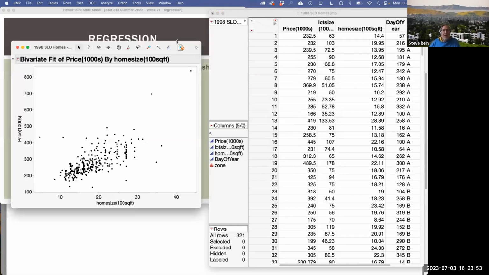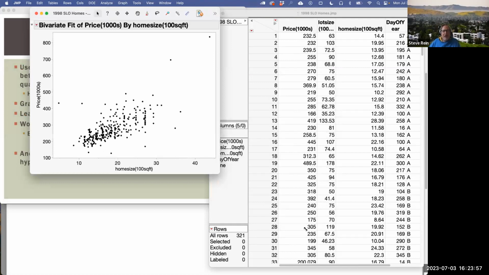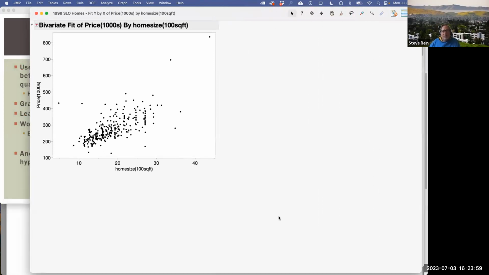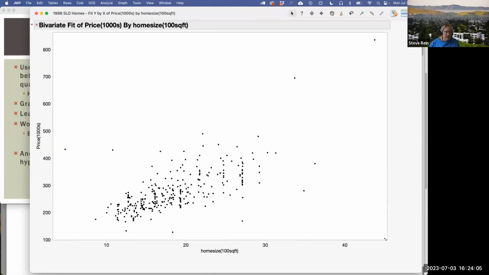I click OK. We get to this big old graph, and in this scatter plot, I want to look at this thing that I would call the graph of averages. And I'm going to make it bigger here so we can look at it a little bit more carefully. So I'm thinking for the different homes, I could chunk them out into small homes in terms of square footage, medium, large, very large, a lot of different sized homes out there.